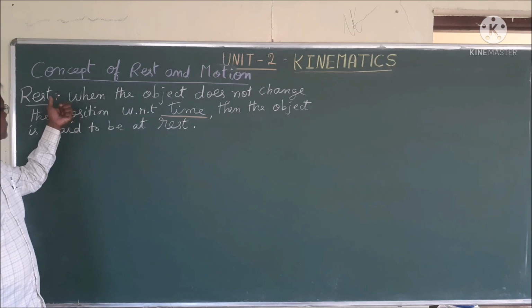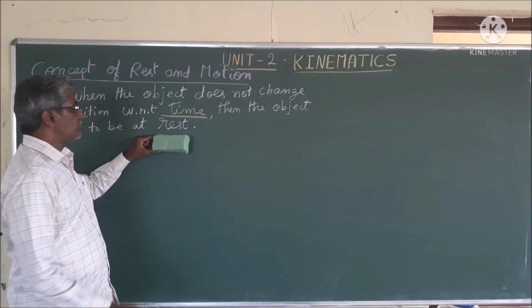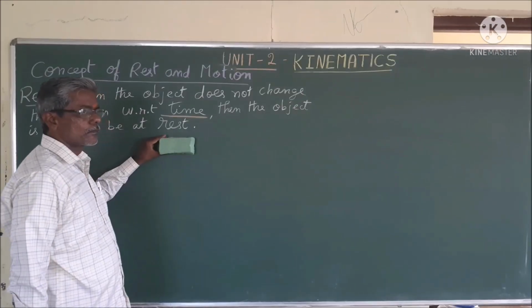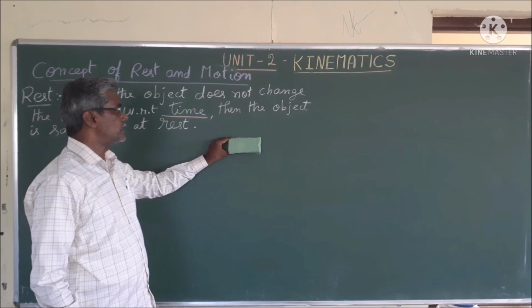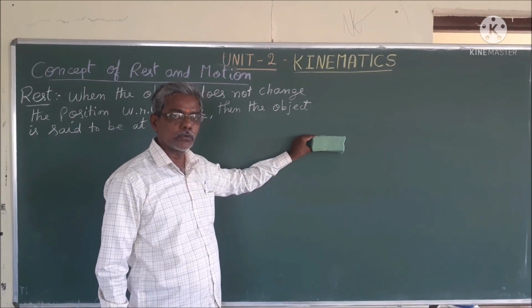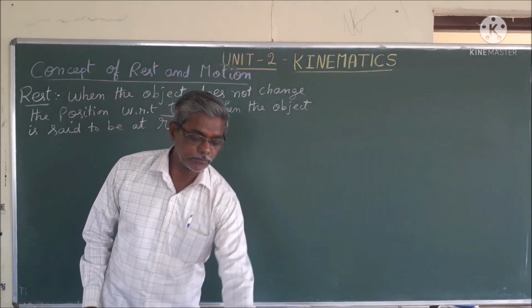Understood? Now, the next one, motion. Take this duster: at 5 o'clock, it is in this position. Then at 6 o'clock, it is in this position. And at 7 o'clock, it is in this position. That means the object is moving with respect to time.